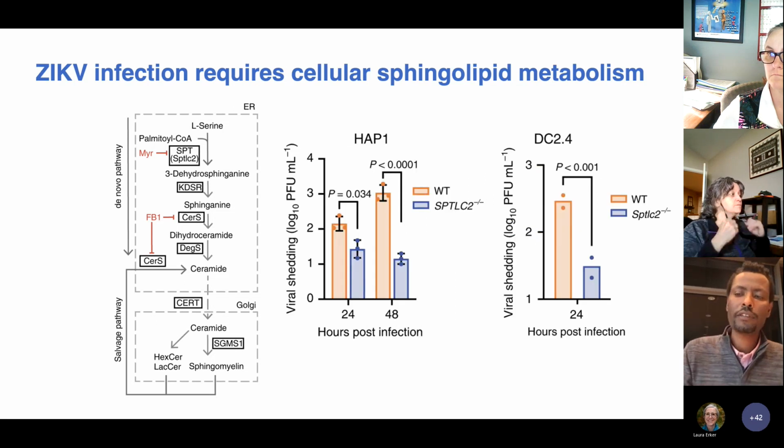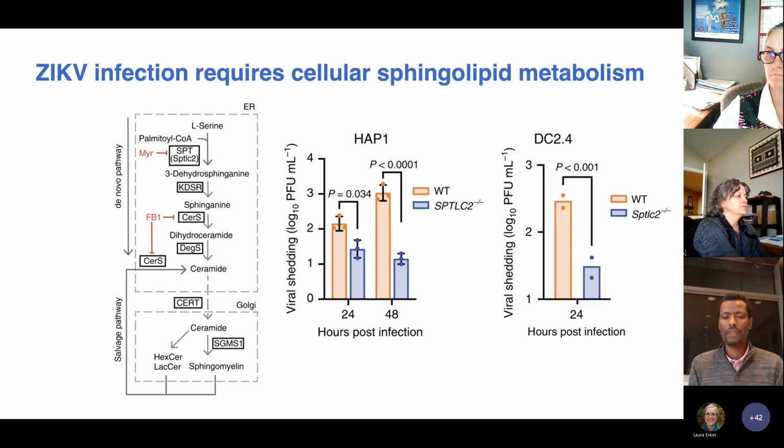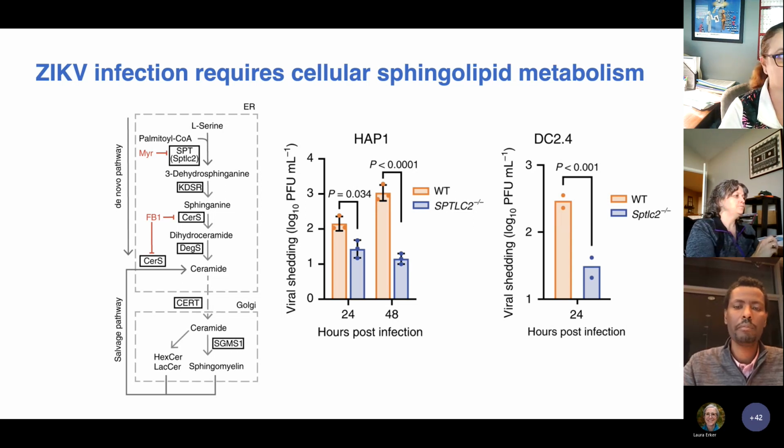And then obviously we want to confirm this by genetic knockout, just to get rid of any off-target effect of the small molecules. We did have some knockout cell lines in our lab at the time. These are HAP1 cells and the dendritic cells, DC2.4 cells, that lack SPTLC2.